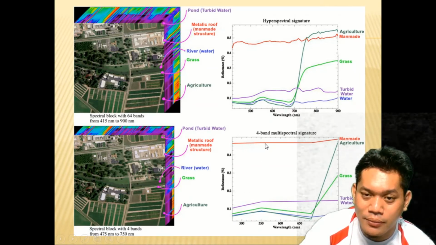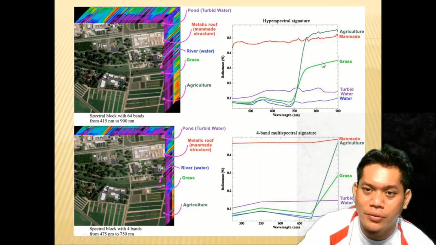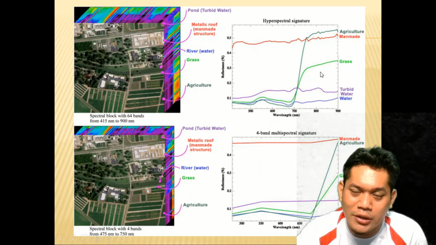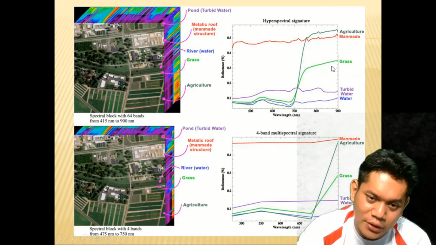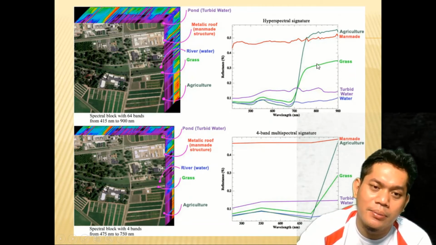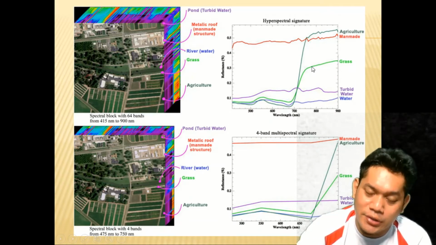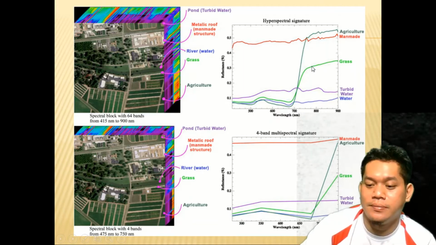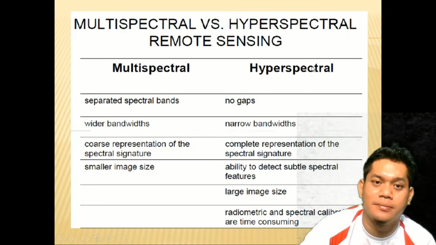However, the multispectral only gives you the data on the specific band regions only. Therefore, hyperspectral gives you detail on the characteristics of the reflection. Thus, it can provide you with the signature of the reflectance as opposed to the multispectral.